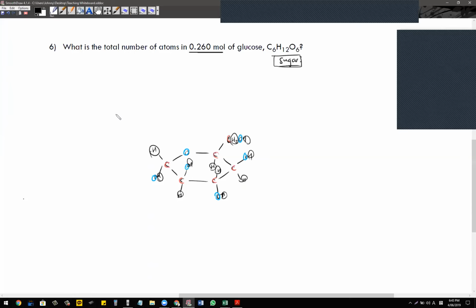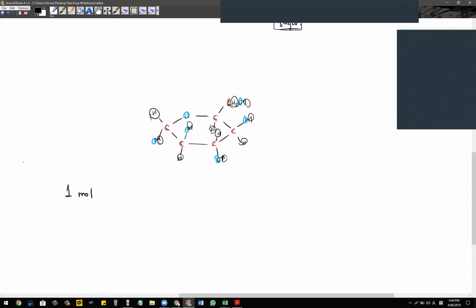Now, let's say I have 1 mole of this guy, 1 mole. Then if I times this one by 6.022 times by 10 to the power of 23, then I have 6.022 times by 10 to the power of 23 molecules.